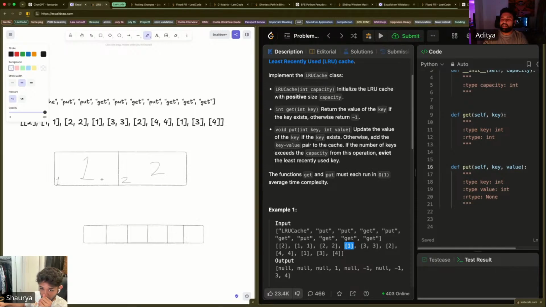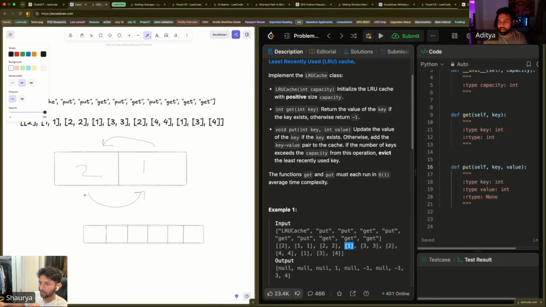The priority in the array will change, so one will come back before two. Oh, so if we access this, it takes this place and this takes this place. Why? Because of the LRU algorithm. In our logic, we have to do that. Otherwise, the logic won't work.